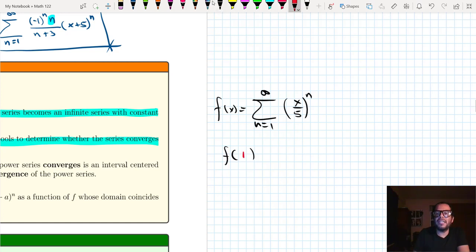Let's see if f of 1 gives us a convergent series.